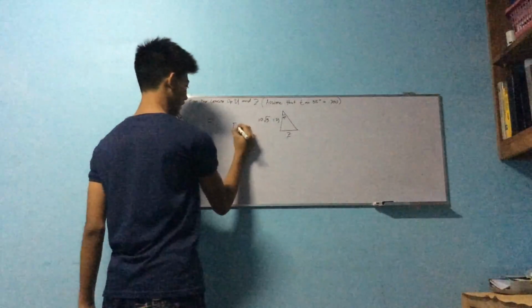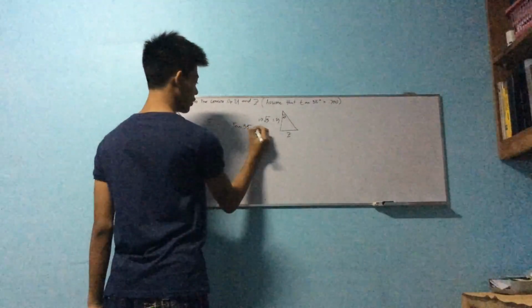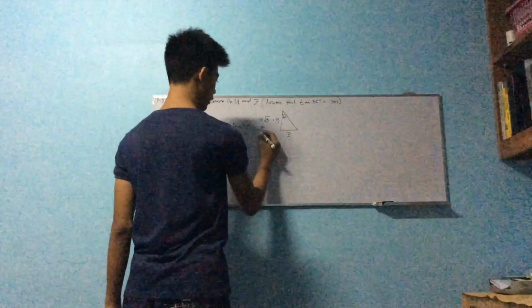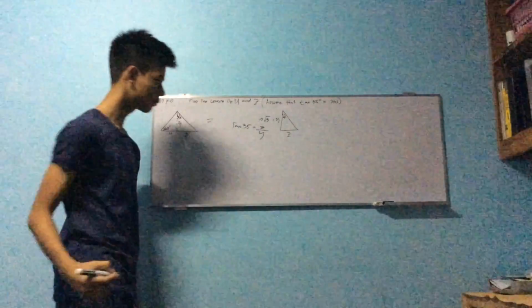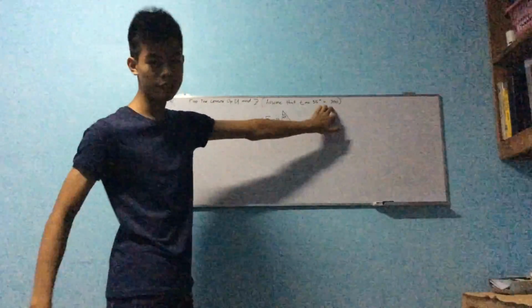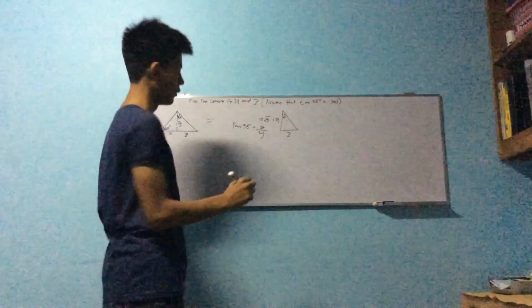So, tangent 35 is equal to z over y. We will now substitute the value of tangent 35 with 0.700, since we are given this value in the instruction.